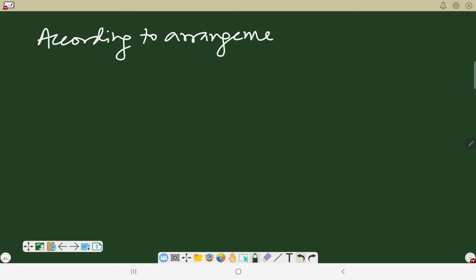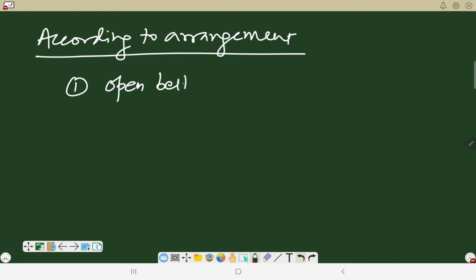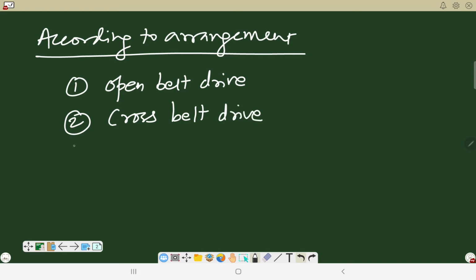Also, in the last few lectures we have seen the types of belt drive according to arrangement. One is open belt drive. Second is cross belt drive. Third is compound belt drive.